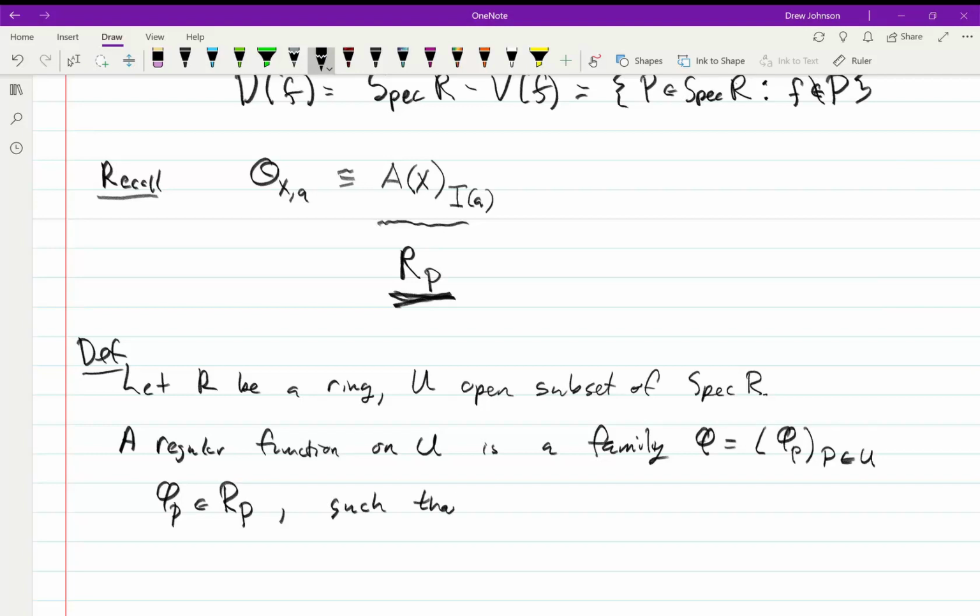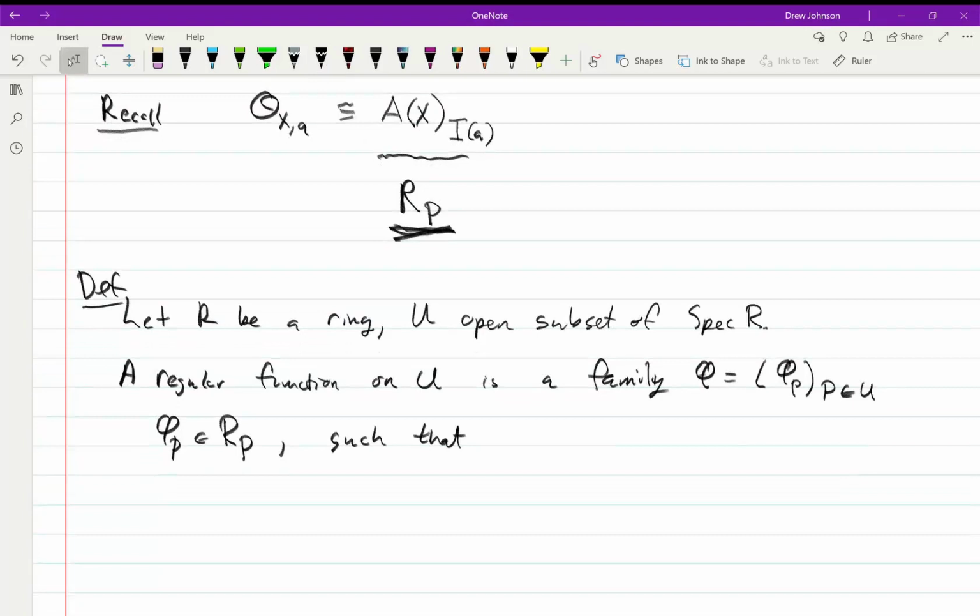Such that, we don't want just arbitrary elements jumping around all over the place. We need some sort of compatibility condition.